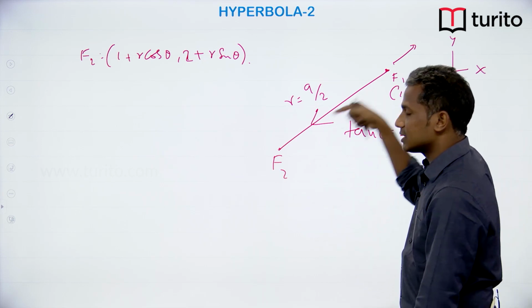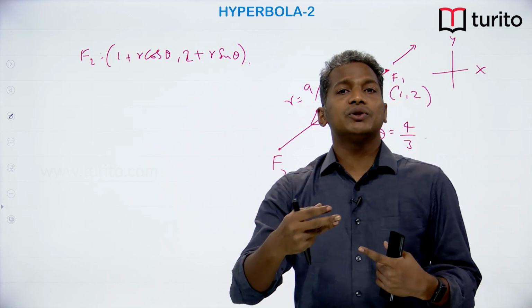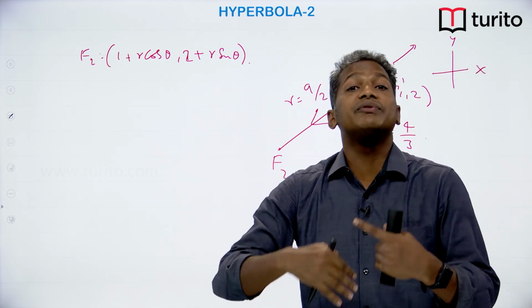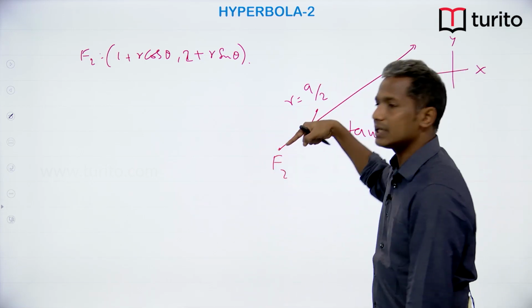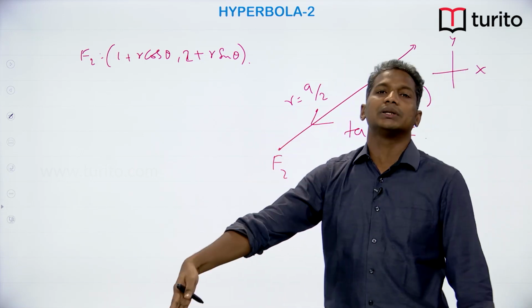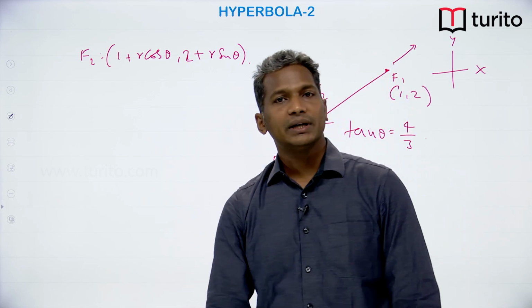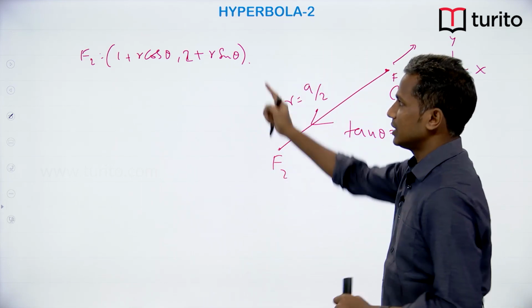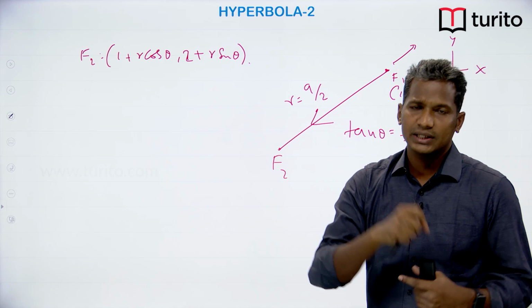This direction is going towards the third quadrant. Even though the point F2 is not in the third quadrant, because we are traveling in this direction which is extending towards the third quadrant, we can take sin theta and cos theta to be negative. So, for this formula to be applied, we need to have clarity of cos theta and sin theta.